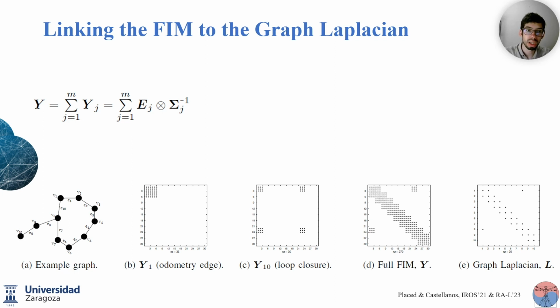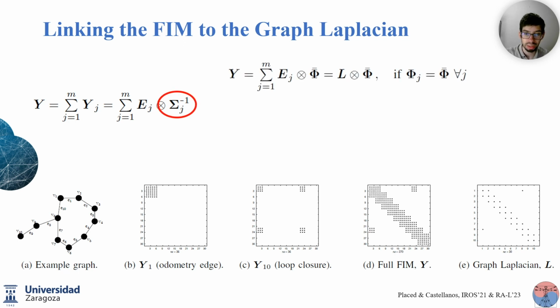We can further develop this relationship to link the information and the Laplacian matrix directly in two cases. First, when the uncertainty is the same for all constraints, or in other words, when all edges share the same relative information matrix in the graph, we can move this term outside the sum and therefore relate Y and L matrices.